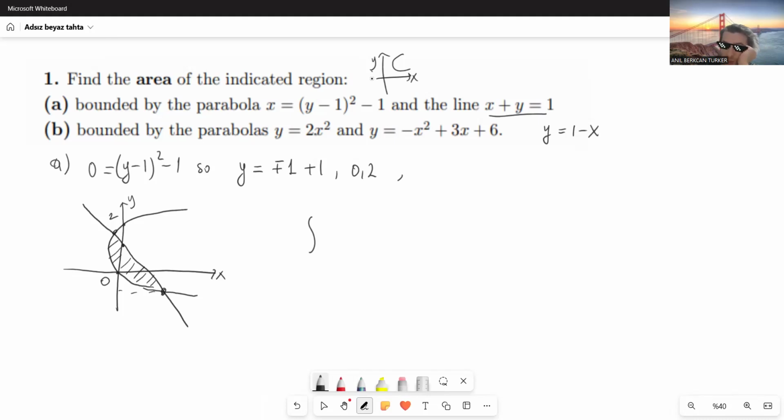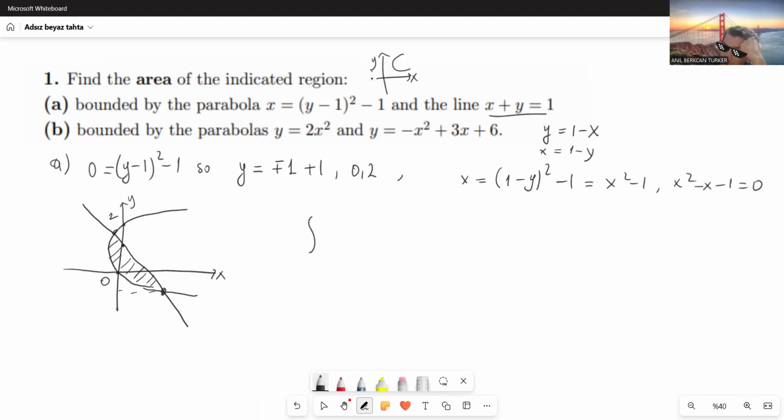So x equals (y minus 1) squared minus 1, and x equals 1 minus y. So I'm just rewriting this equation. Instead of 1 minus y or y minus 1, I can use x, so it's like x squared minus 1. So x squared minus x minus 1 equals 0.